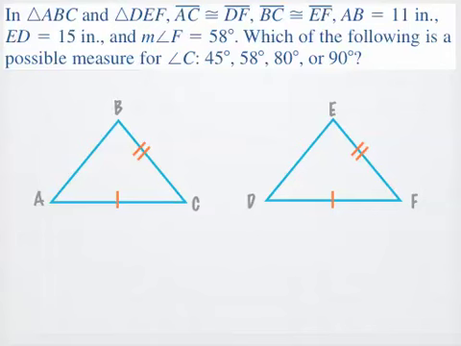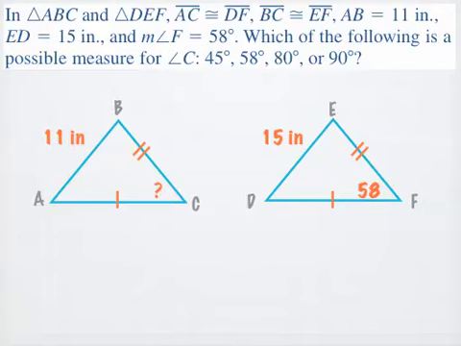They also tell me that AB is 11 inches and that ED is 15 inches. The last thing that they tell me is that the measure of angle F is 58 degrees. Their question is, which of the following is a possible measure for angle C? So I'm trying to find a possible angle measure for angle C.